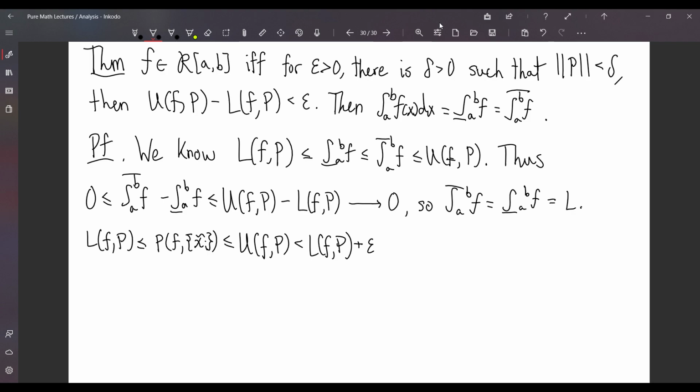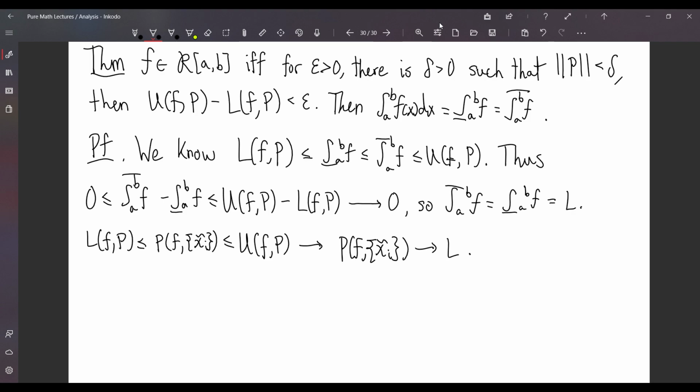So, I'm trying to find the best formal way to explain this, but I'm just going to argue that the Riemann sums are bounded, and since the bounds are approaching the same value, this implies that the Riemann sums are also approaching that value.